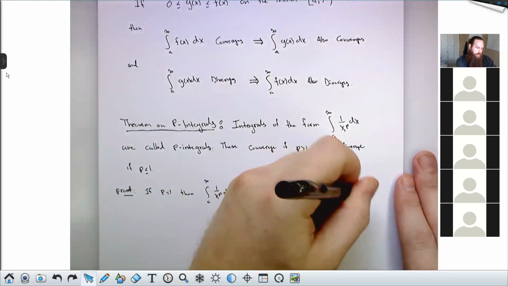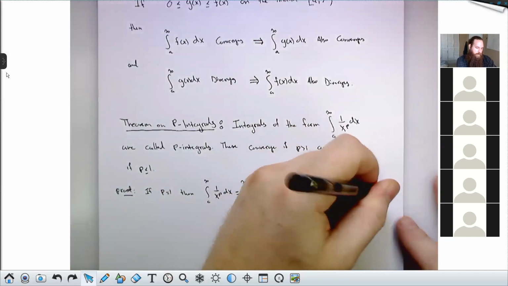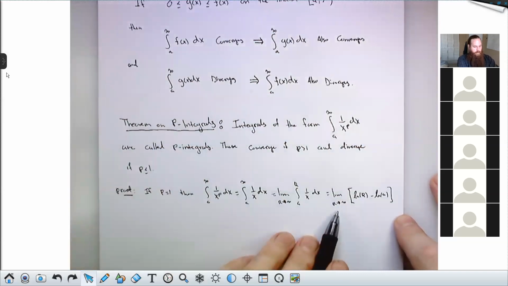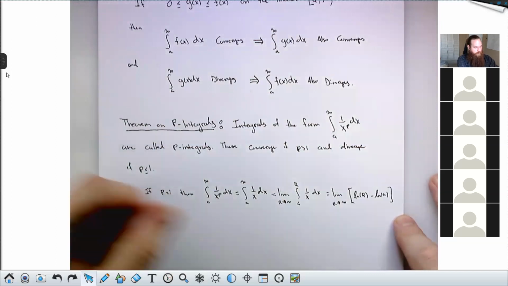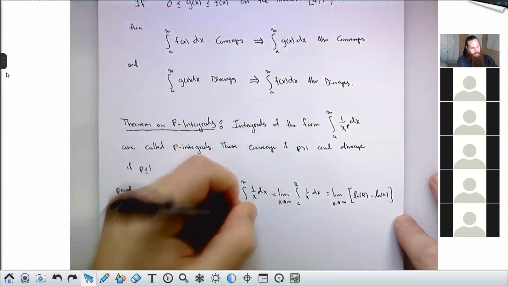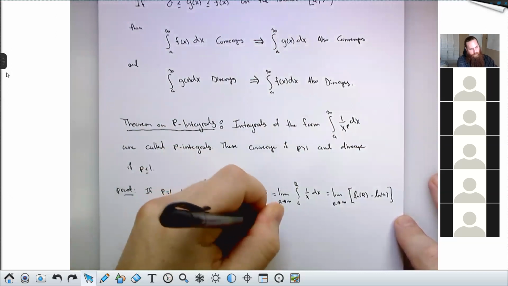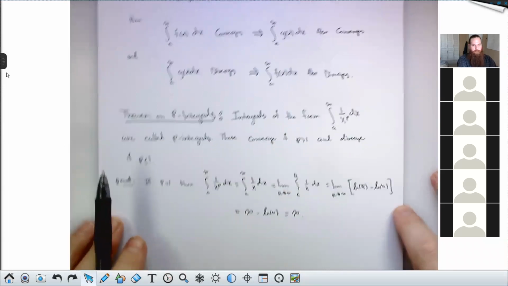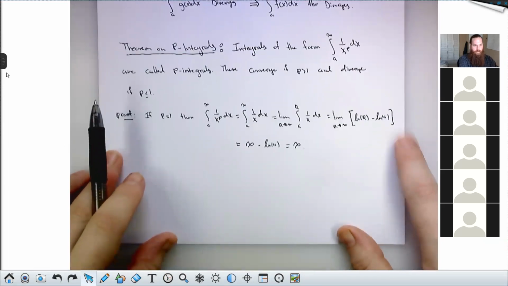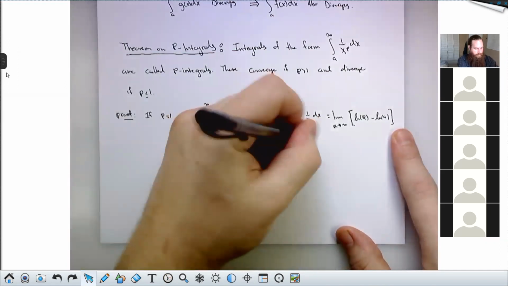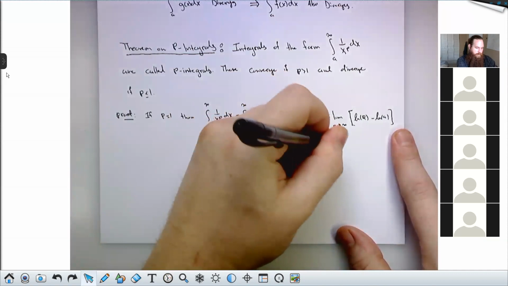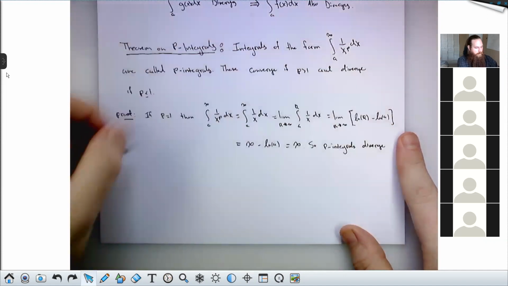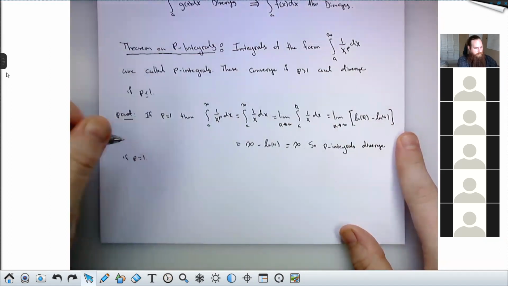So this is the natural log of r minus the natural log of a. And we saw last time that as r goes to infinity, the natural log of r goes to infinity. So this is infinity minus the natural log of a, which is infinity. So these diverge if p is equal to 1. So p integrals diverge if p is equal to 1.